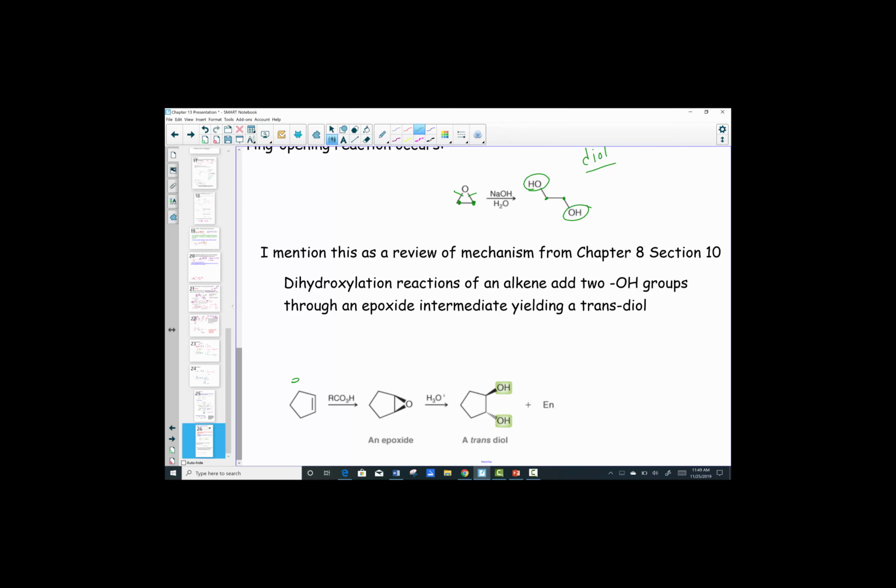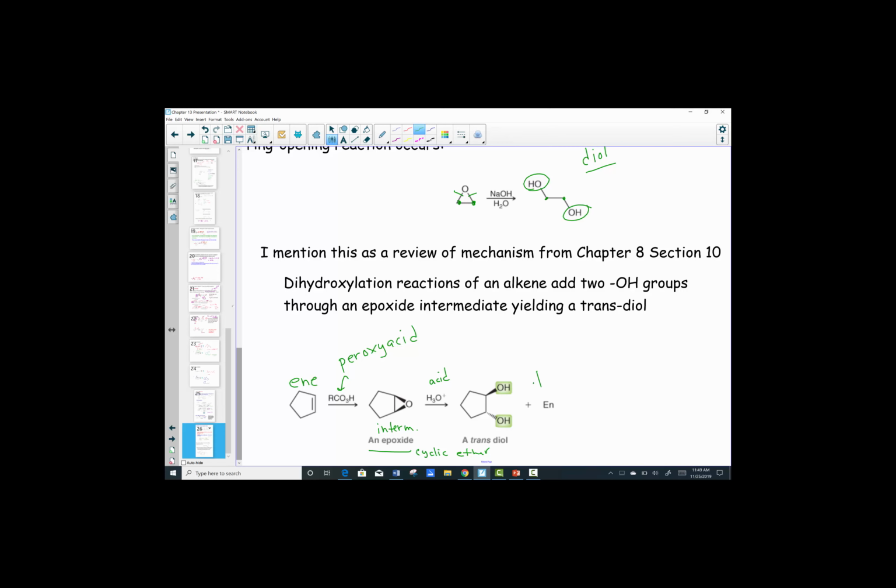Taking an alkene and treating it with a peroxy acid created an epoxide intermediate. Now we have a better idea of what an epoxide is. It's a cyclic ether. The acid then breaks the ring apart and protonates to create a diol, and this was very stereoselective.